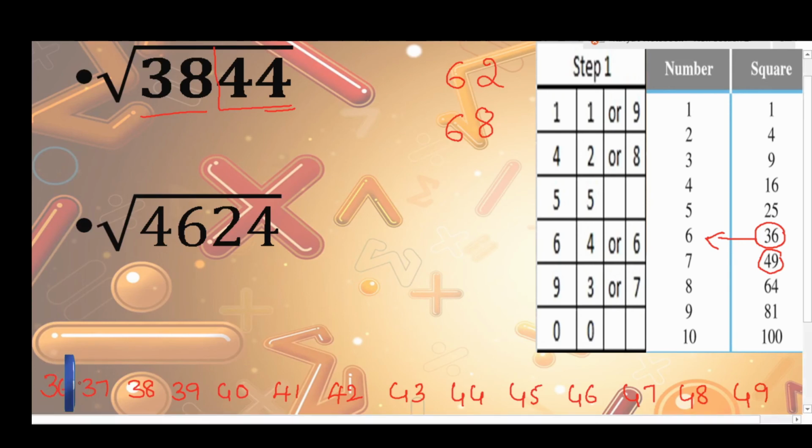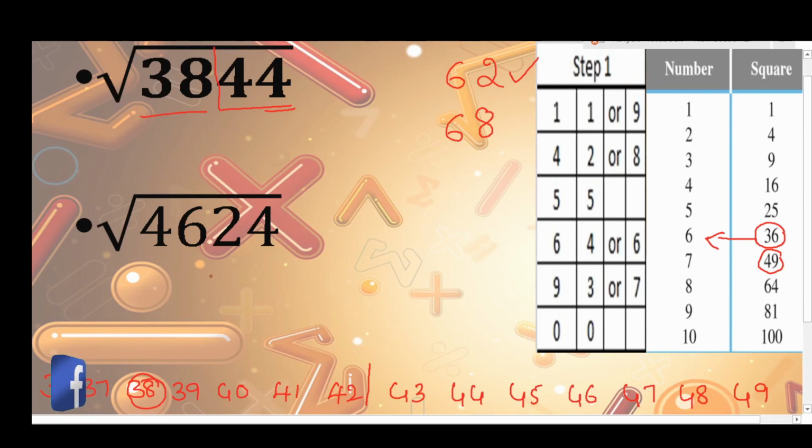So let us divide them into 7 and 7. So 36 to 42 is one group, and from 43 to 49 is one more group. So let's see, we have a 38. 38 is lying in a left hand side group. So if it is a left hand side group, we need to consider the smaller number. Out of 62 and 68, the smaller number is 62. Therefore, the given number is the square of 62.